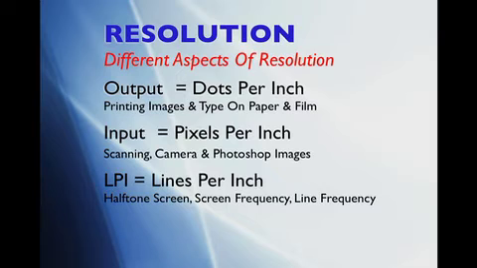First off, we have output, and very plainly said, anytime we print a document, printing images and type on any kind of piece of paper, or in the case of professional output, often on film, and increasingly now directly to the metal plates that go onto the printing press.